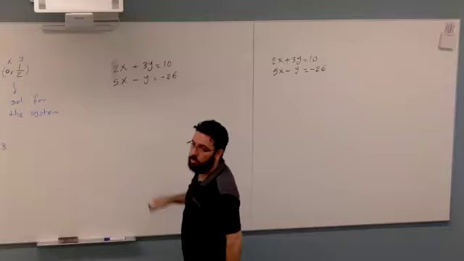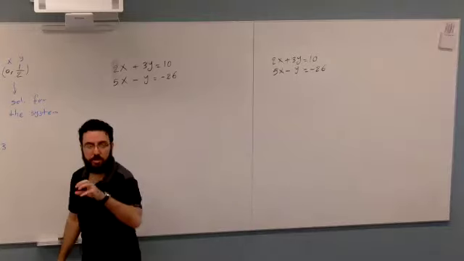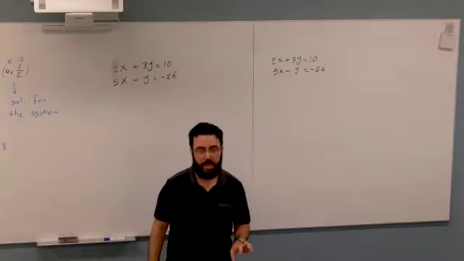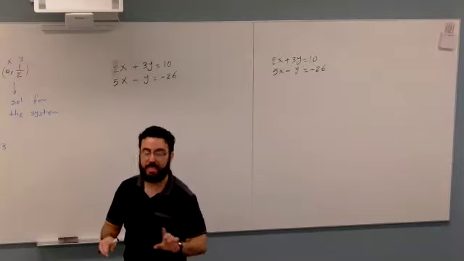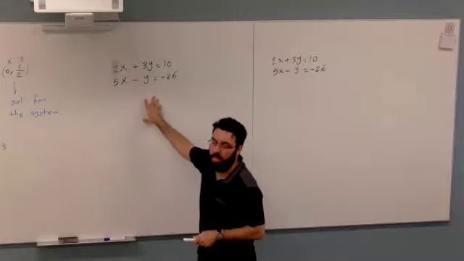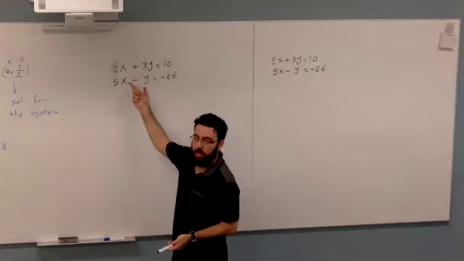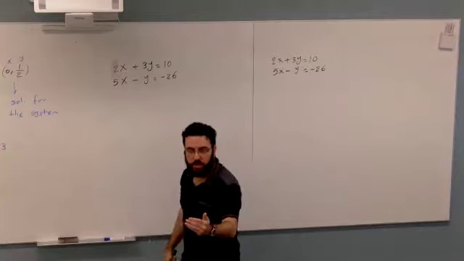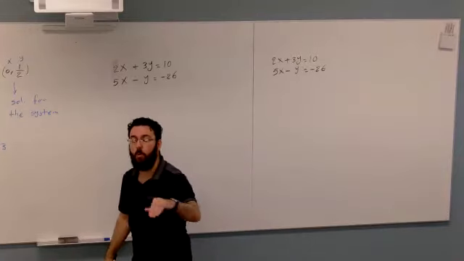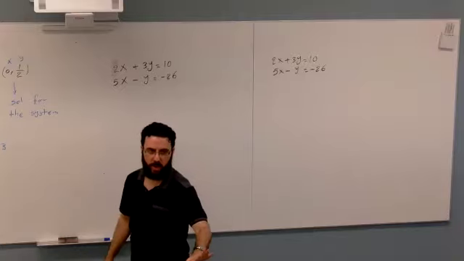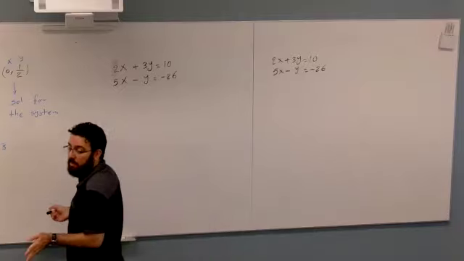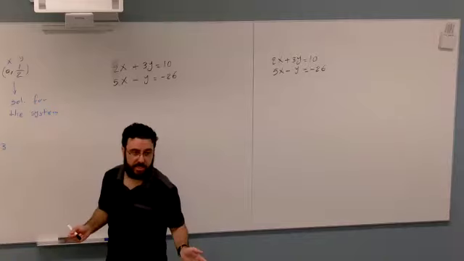Let me start with the substitution method. You have to take one of these equations and solve it for the x or for the y. It's up to you. It's not going to be wrong if you took the second one. It's not going to be wrong if you took the first one. Take one of the equations and solve it for one of the variables, x or y. For me, I always solve it for the y. But it doesn't mean it's a mistake if you solve it for the x.